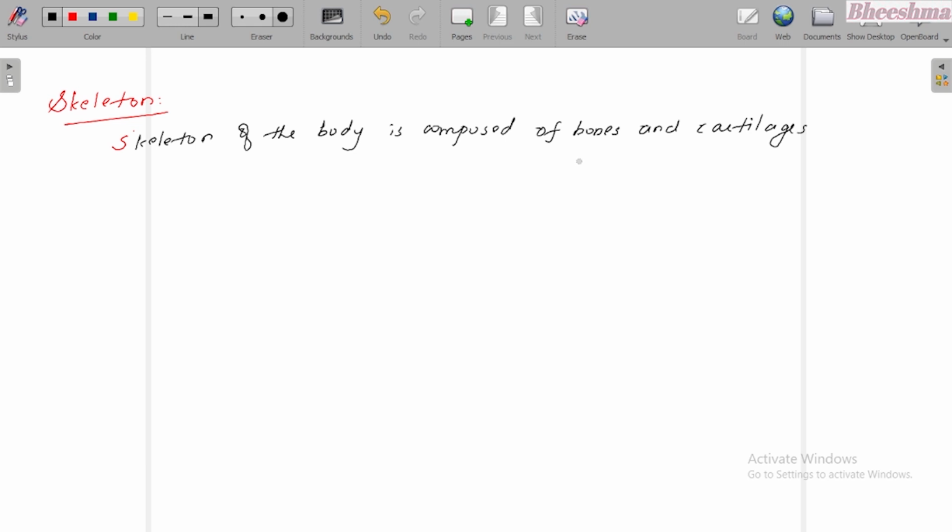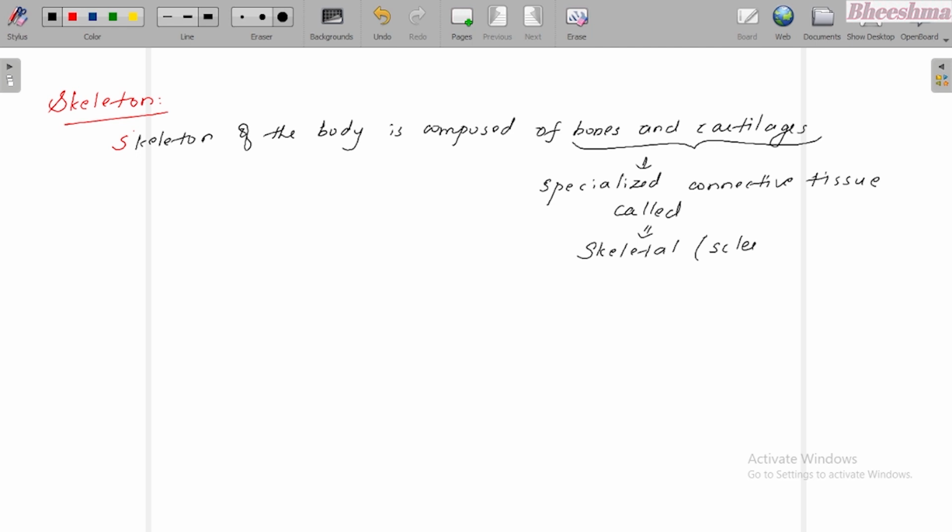And these bones and cartilages are made up of specialized connective tissue called skeletal, that is sclerosed tissue, which can bear weight without bending and has considerable tensile strength.